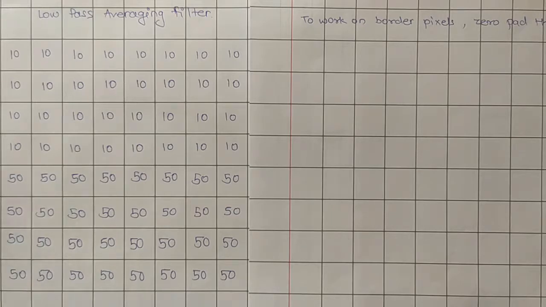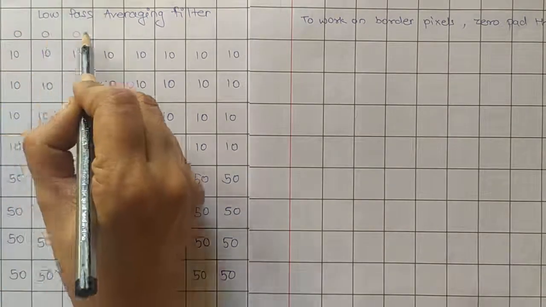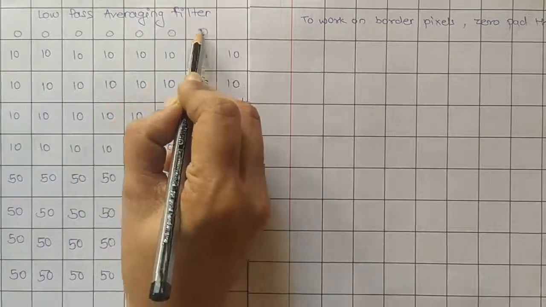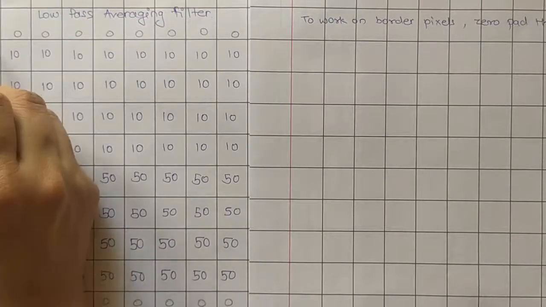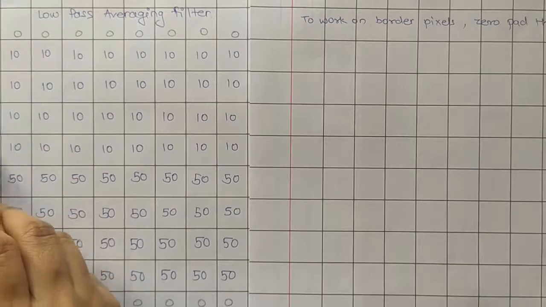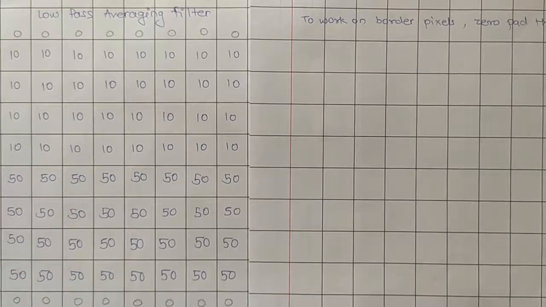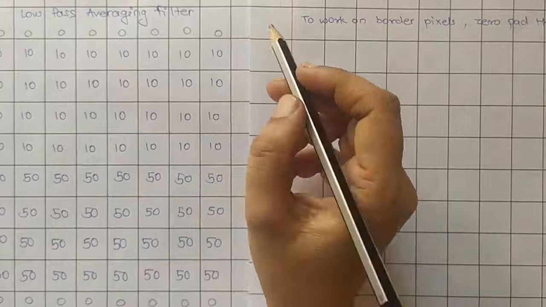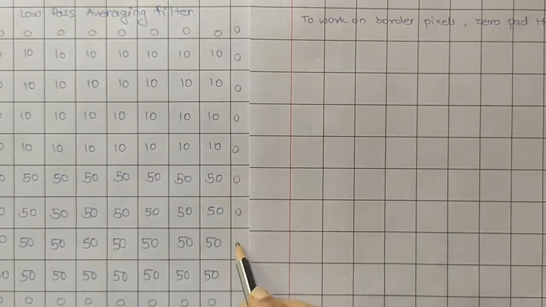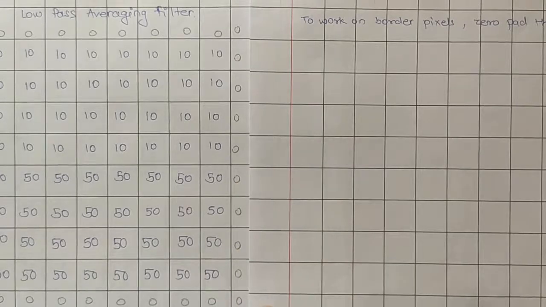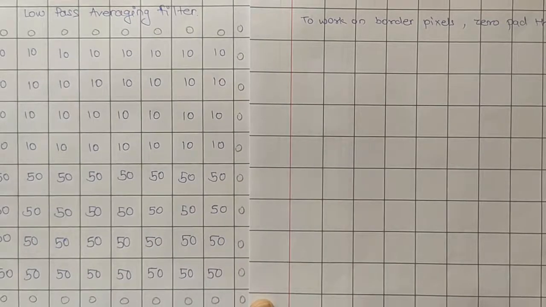That means one row of zeros at the beginning like this, one row of zeros at the end of the image like this, one column of zeros at the start like this, and at the end one more column of zeros like this. This is called a zero padded image.